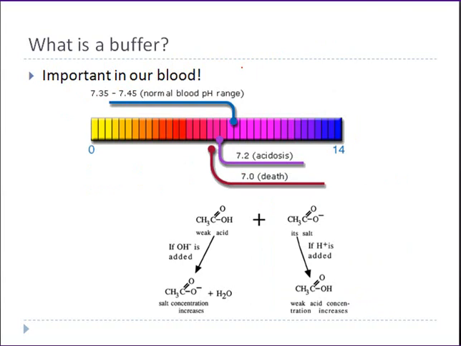Now, one of the things that we're going to talk about when you get into Bio 201, and particularly when we get into Bio 202, is this idea of buffers. Buffers are really important because these are solutions that have the ability to either take up protons when needed.